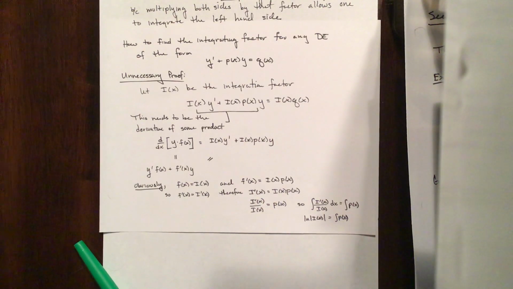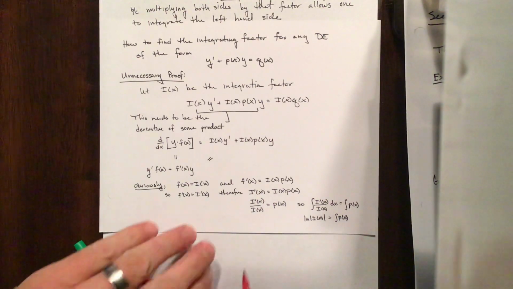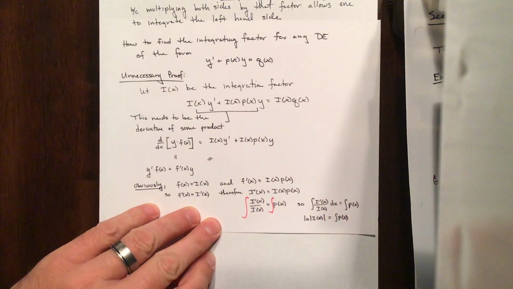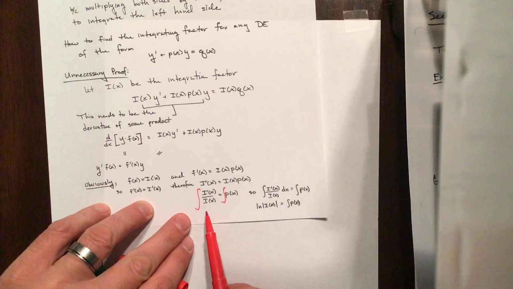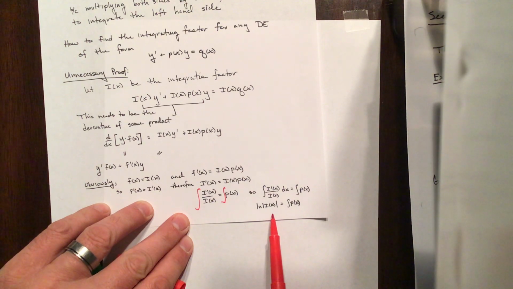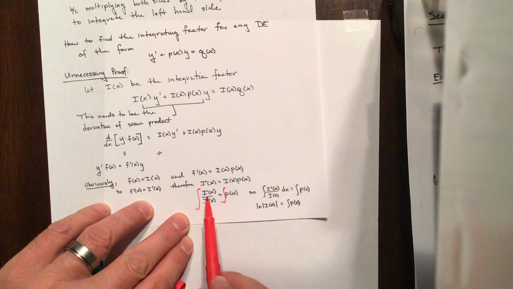Okay, and at this point, if you were to integrate both sides, the left-hand side would be the natural log of the absolute value of I of x, because the derivative of the bottom is in the top.